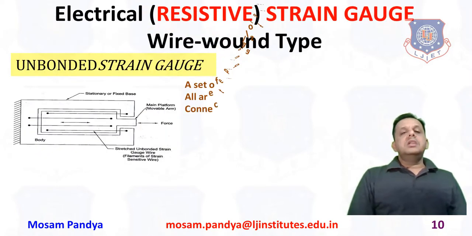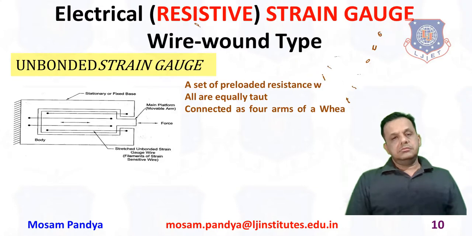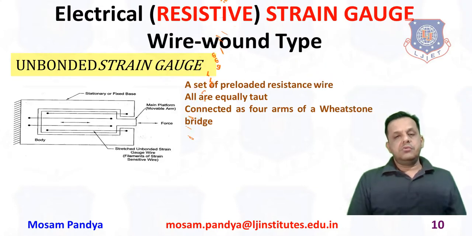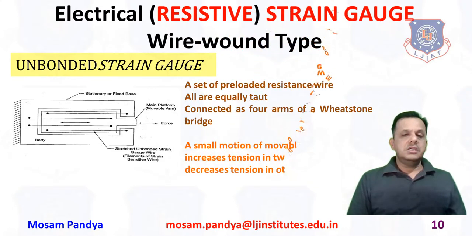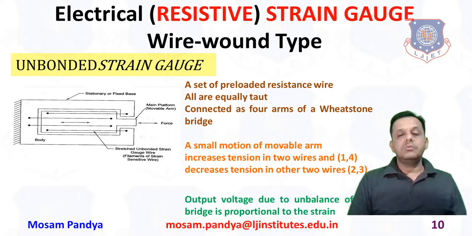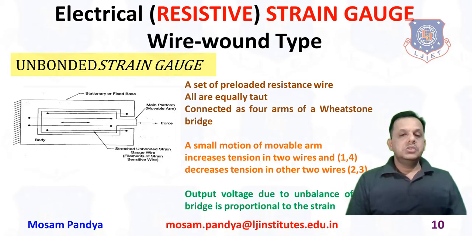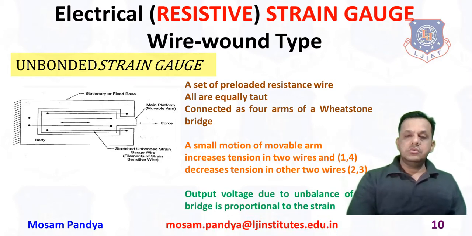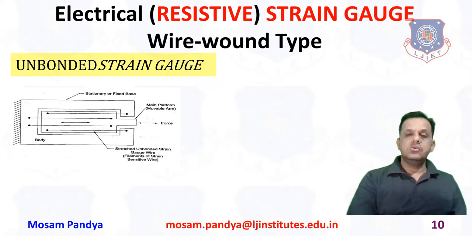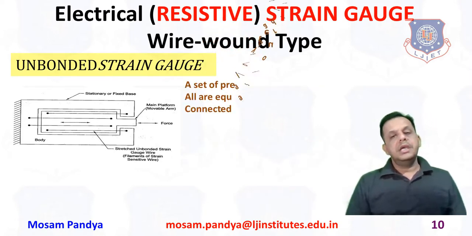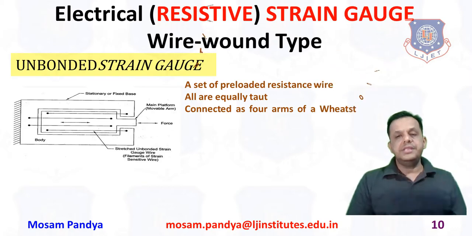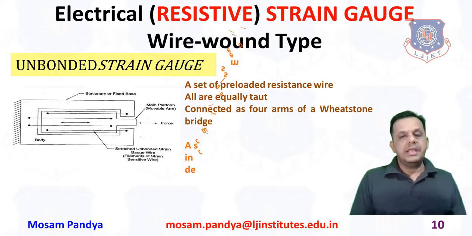Now next is the unbonded strain gauge. Now you understand what an unbonded strain gauge is, where something is not fixed, not bonded. So here on the screen, let us go step by step. It's a set of preloaded resistance wires, and all are equally taut.